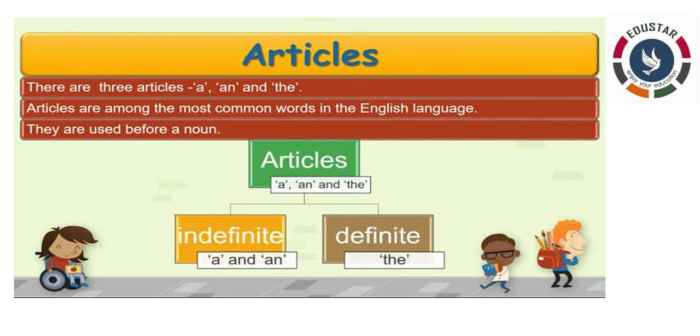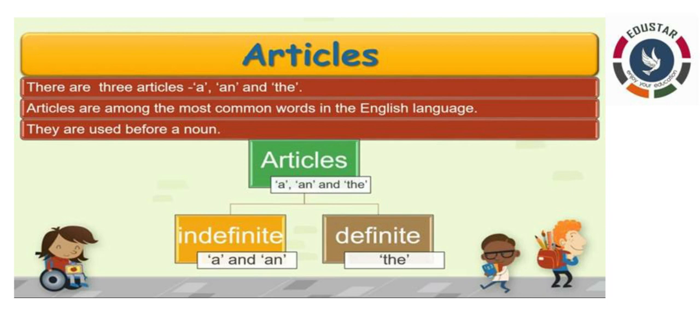A and the are the articles, and they are the most commonly used words in the English language. Where are they used? They are used before a noun. So, a and the usually come before a noun.